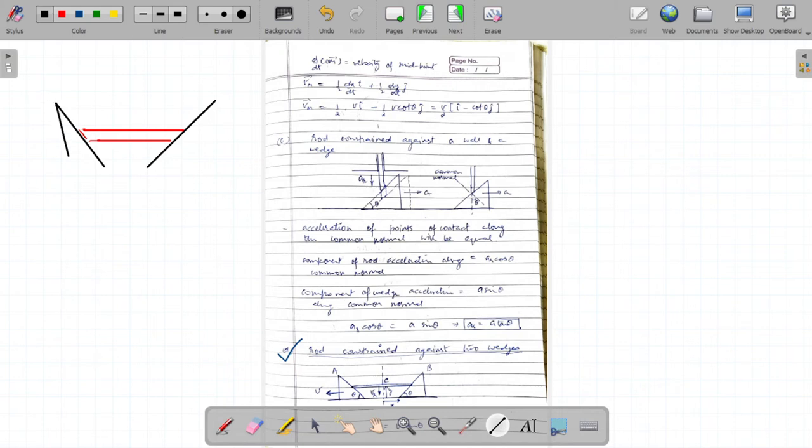And what is going to happen is that they are going to travel in some horizontal direction.